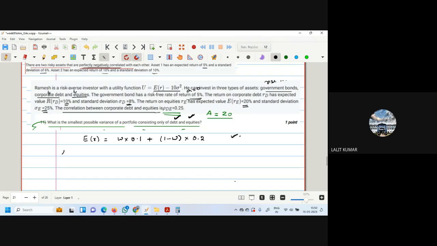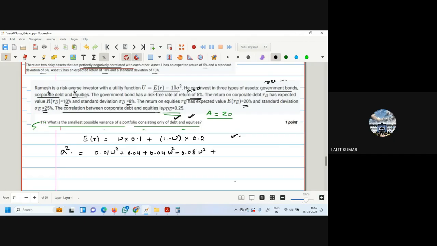And your sigma square will become 0.01 W square plus 0.04 plus 0.04 W square minus 0.08 W square. This I have expanded.